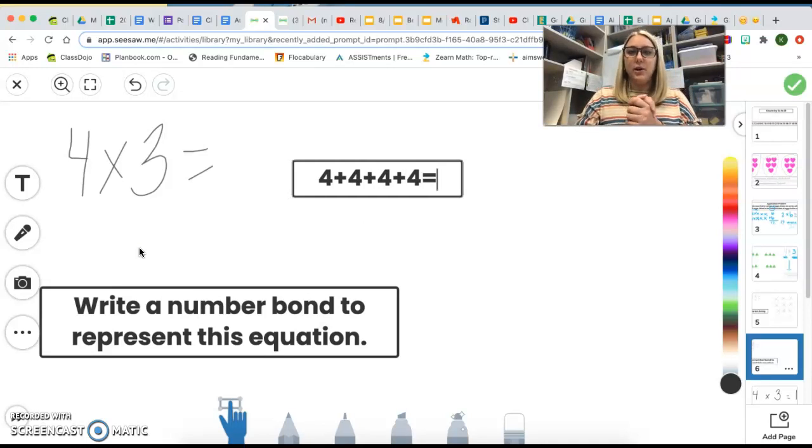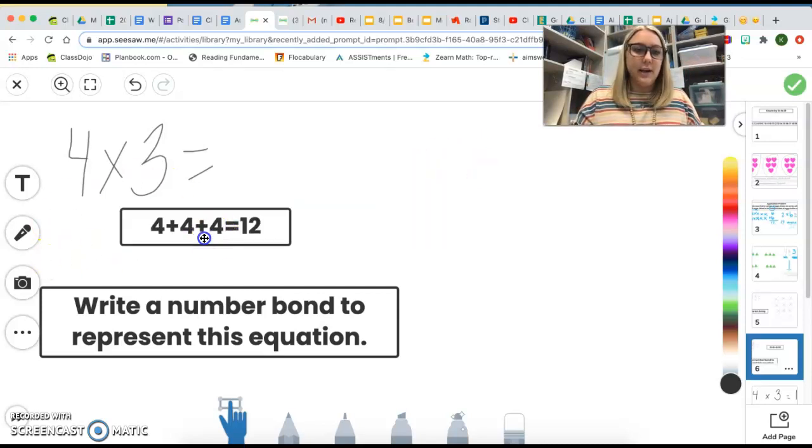And that's going to equal, well, we know that 4, or no, I had too many 4s. I'm sorry. I only have 3 4s. That was my fault. So we're going to do 4 plus 4 plus 4. Well, we know 4 plus 4 is a double, which equals 8. Good job. And then 8 plus 4 is 12. Good job. So 4 plus 4 plus 4, the repeated addition, is going to be 12.